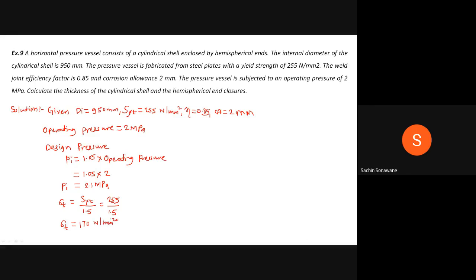Therefore, we will now calculate the thickness. Those who are not writing, please write down.